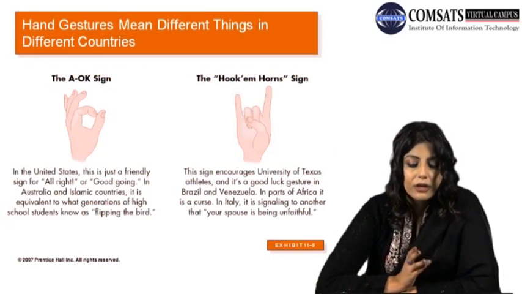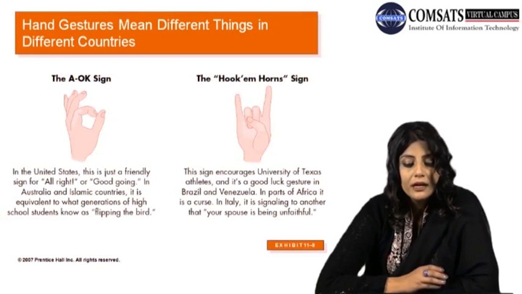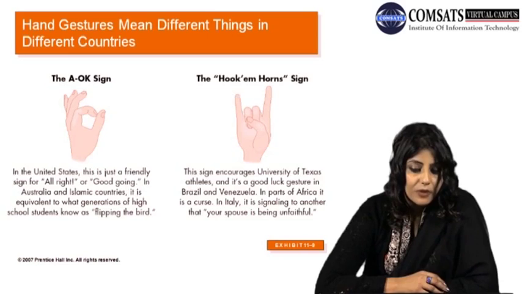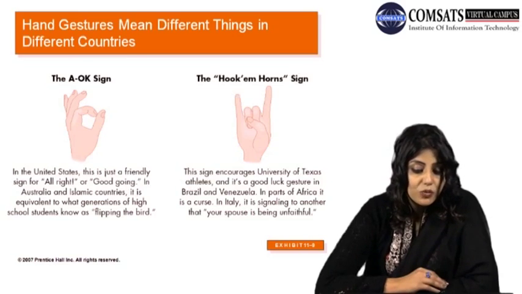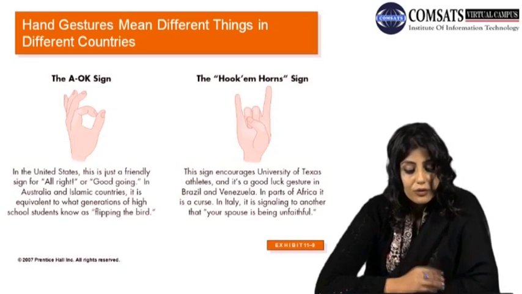So here I have a few examples for you of how hand gestures mean different things in different countries. If you see the OK sign on the left-hand side, look at the position of the thumb: in the US this is just a friendly sign for all right, or good going.